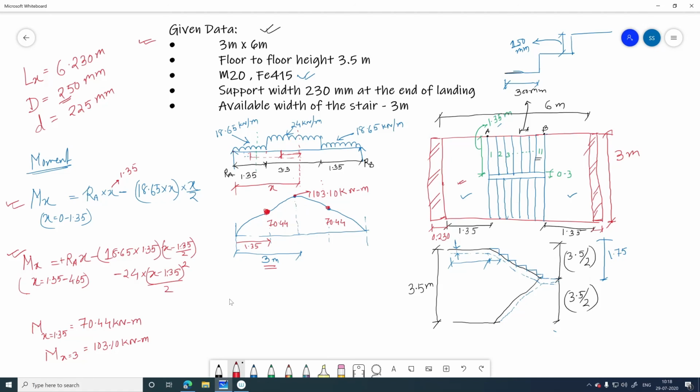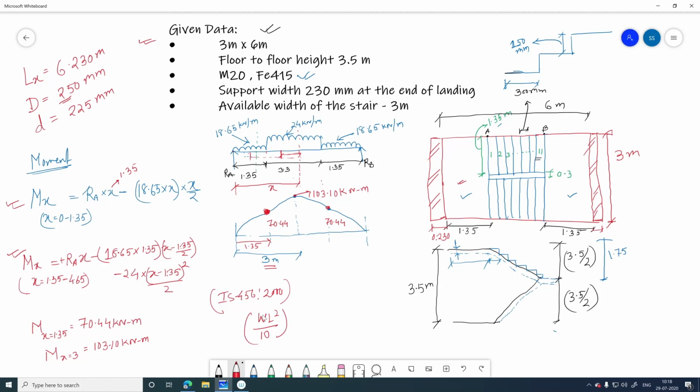Now as per code IS 456:2000, you can also determine the approximate value of this moment by using the formula WL square by 10.